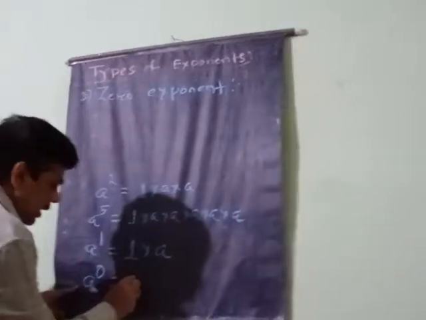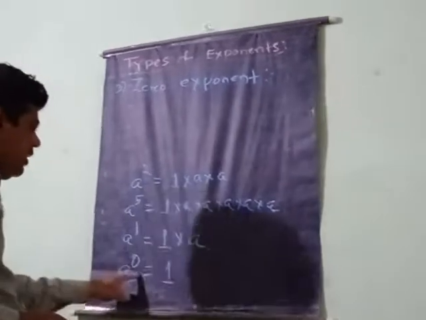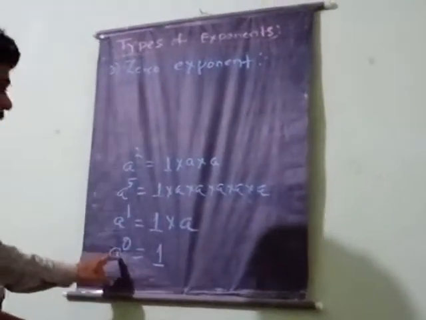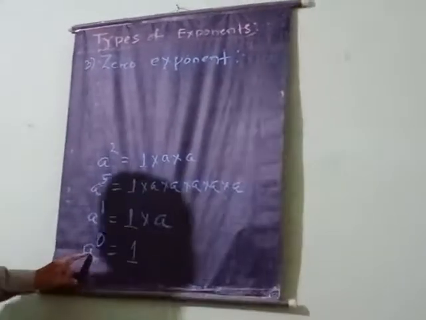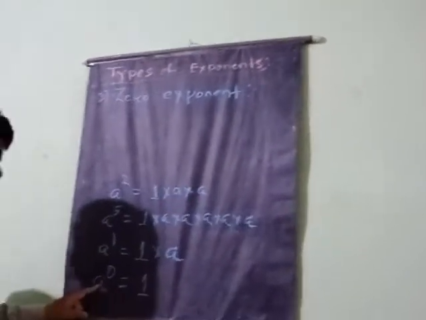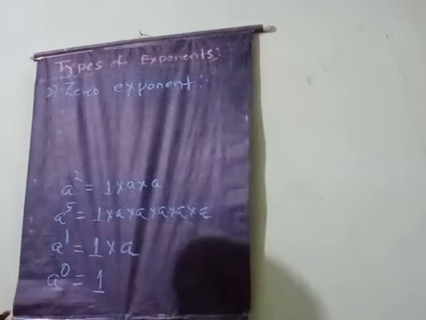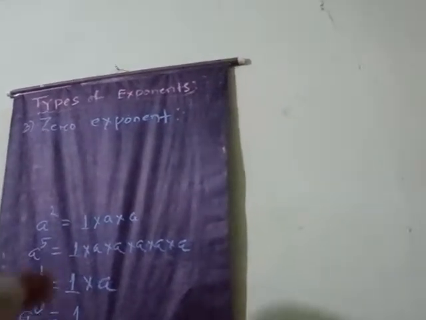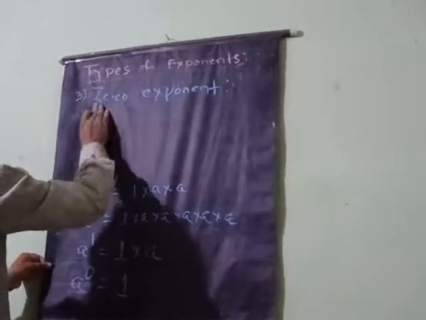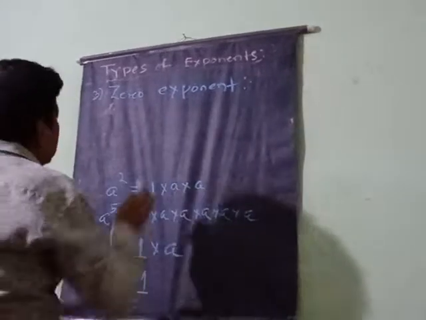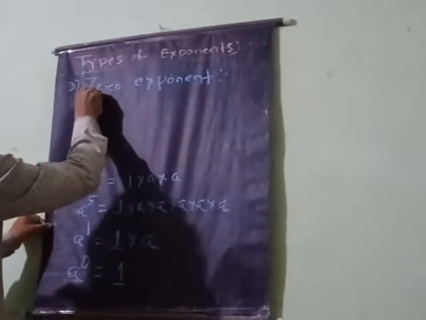when the base a is multiplied by 1, how many times? 0 times. So you get the definition of 0 exponent. Understand?